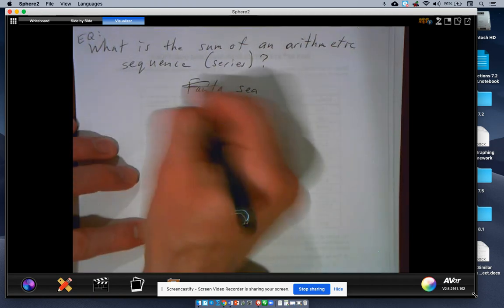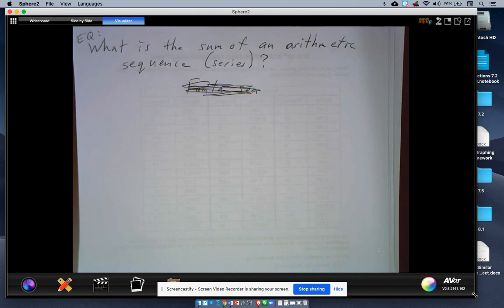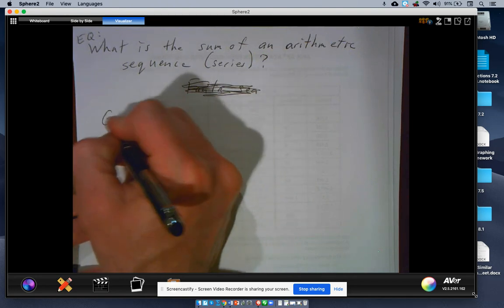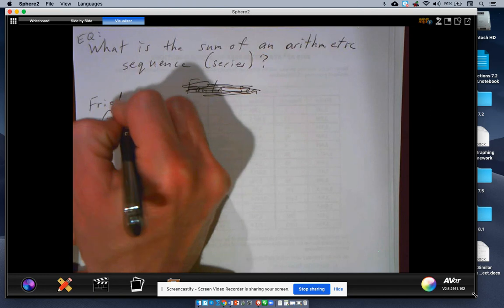All right, moving on. So the sum of arithmetic sequences, which we call series, works like this. A famous mathematician from a long time ago, his name was Friedrich Gauss.